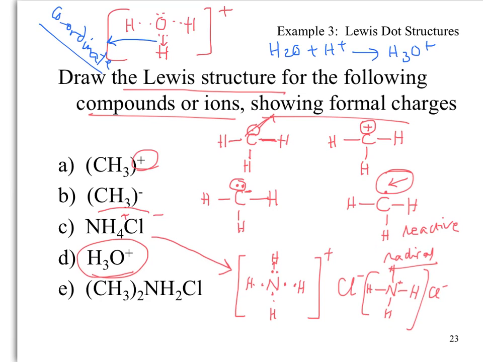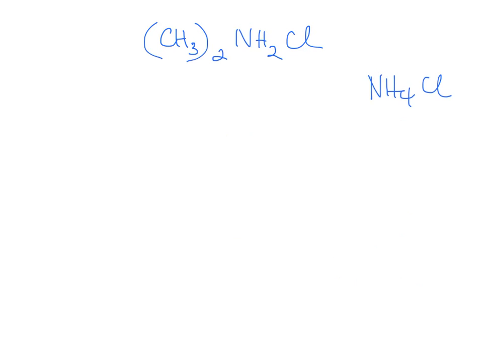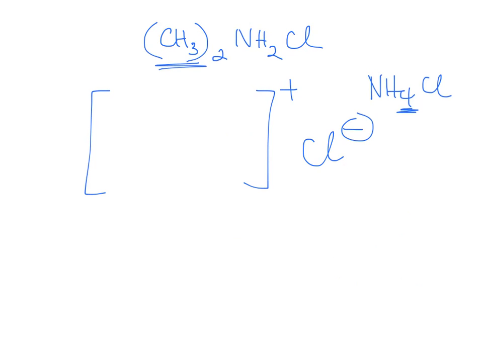All right, the last one is CH3NH2Cl. Let's put that one as well, CH3NH2Cl. So that's a version of NH4Cl. It's just that two of the hydrogens have been replaced by methyl groups. So we are going to have a positive here, a negative here, because you know Cl is forming only one bond.